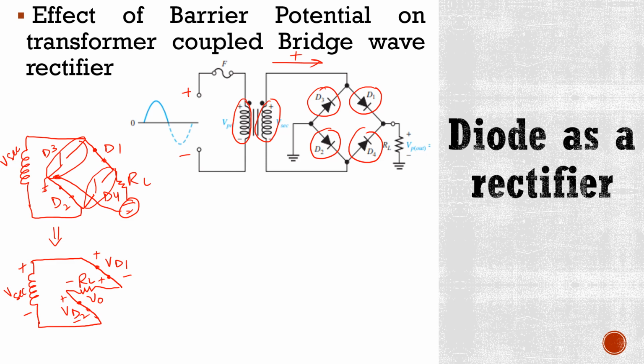Okay, so what will be our KVL equation here? We start from this point. So we have minus secondary voltage plus VD1 plus V0 plus VD2 is equal to 0. And here we are talking about peak voltages.